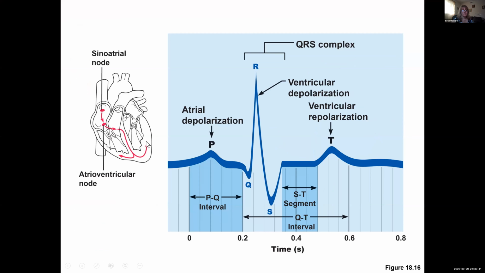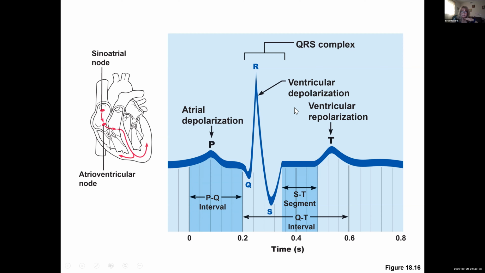Okay, so again, over here, what do we have? We have two characteristics of ventricles, right? Ventricle depolarization. What does it mean? Those cells, ventricular cells, became positive inside, right? So there is a change of the charges.